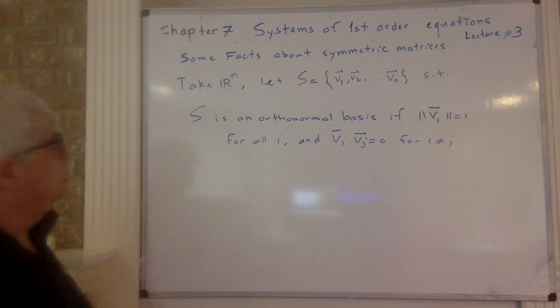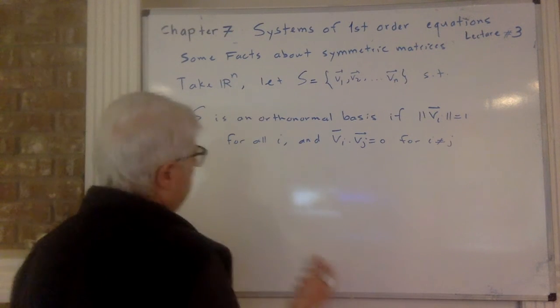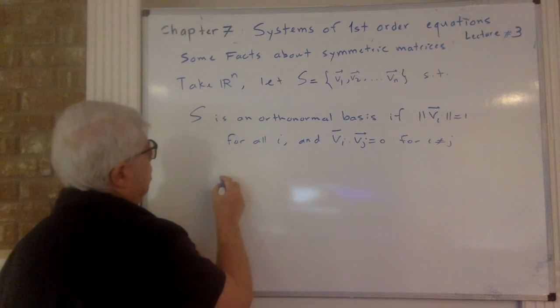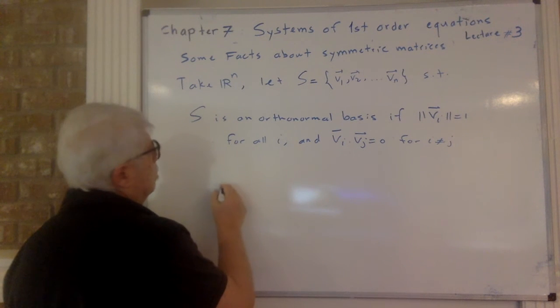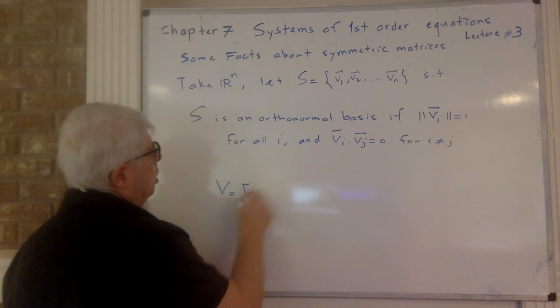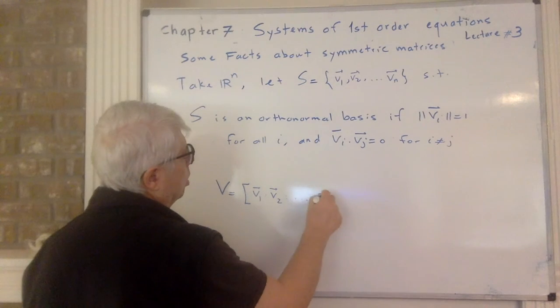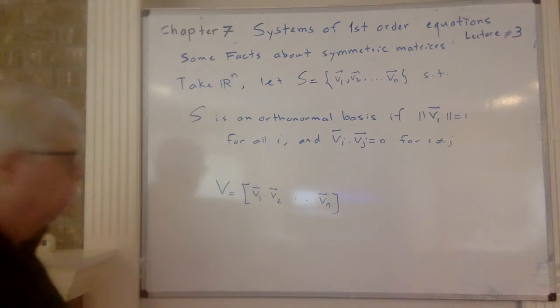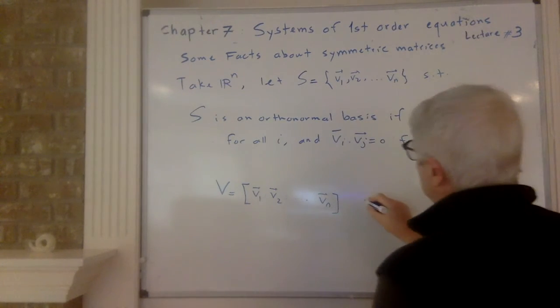Okay. Now, what is special about this orthonormal? If I write down a matrix, let me call it V, let matrix V be these vectors as column vectors. So these are column vectors. Remember, we use column vectors. Okay. Let's see what happens to V transpose.